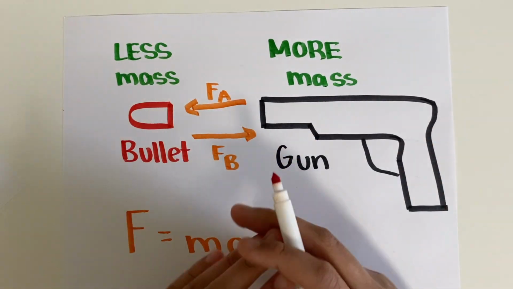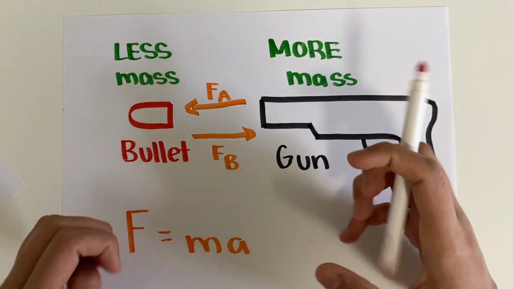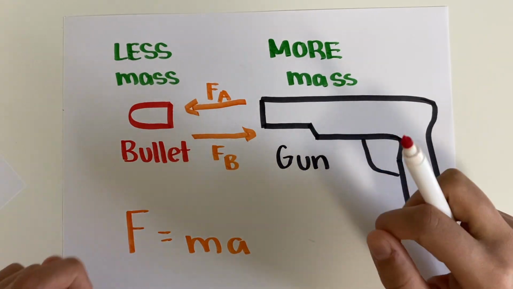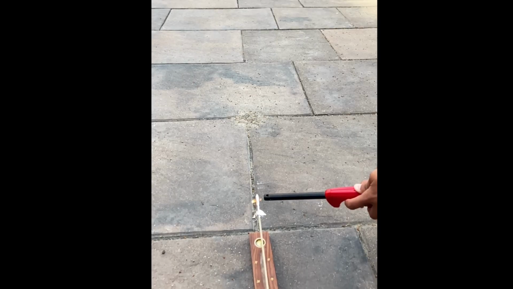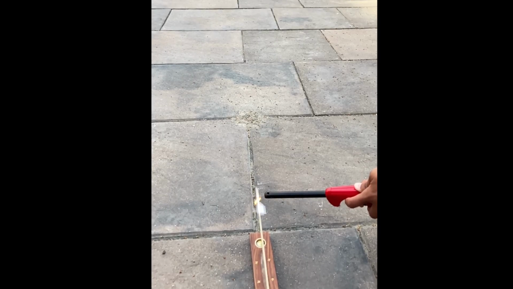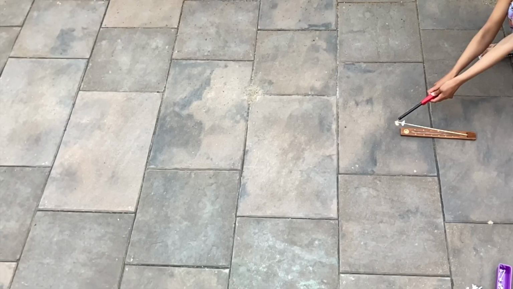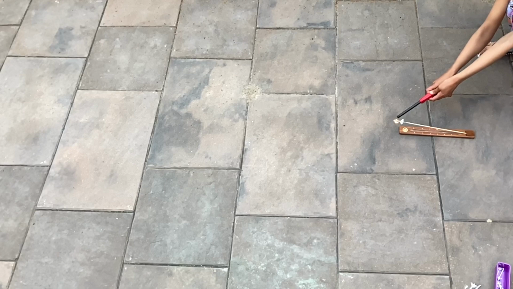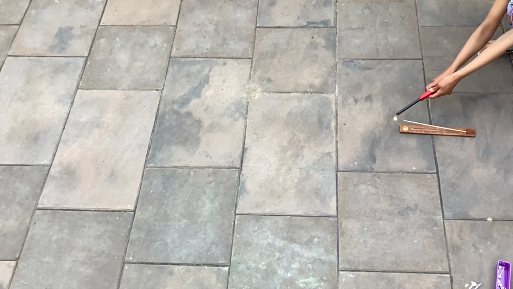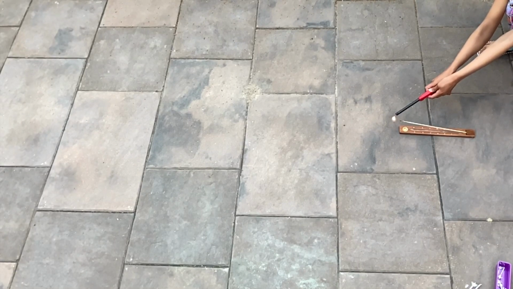So now that we've understood what Newton's third law of motion is, let's see how our rockets work. Take a look at this. Over here we have a super cool rocket. And inside this rocket, there is a matchstick covered by aluminum foil. So when we light up this matchstick with a fire, it starts flying. Why?